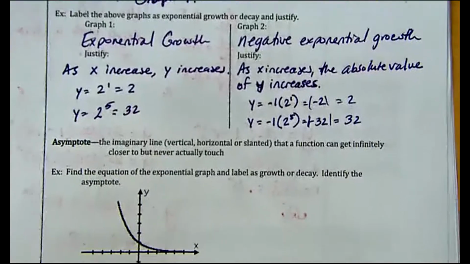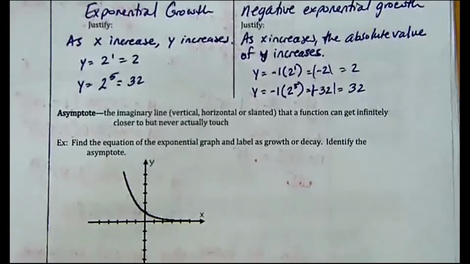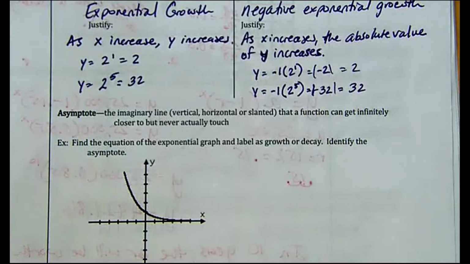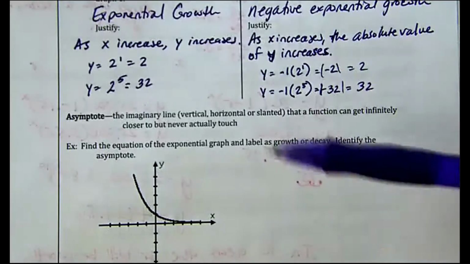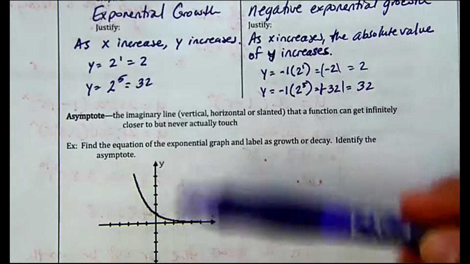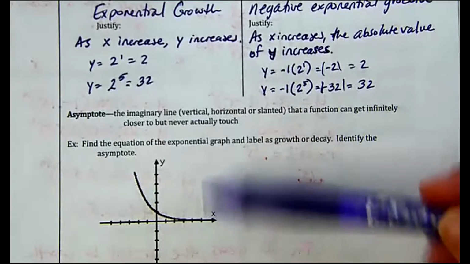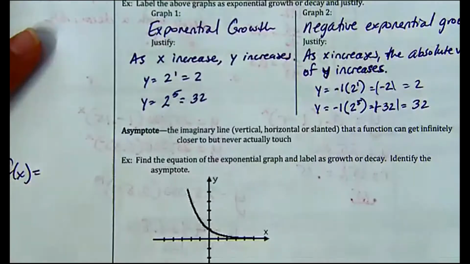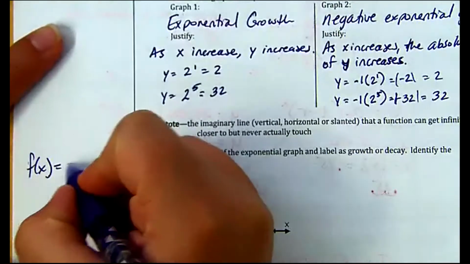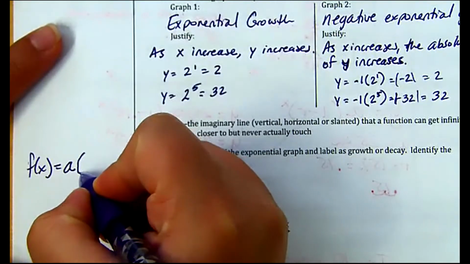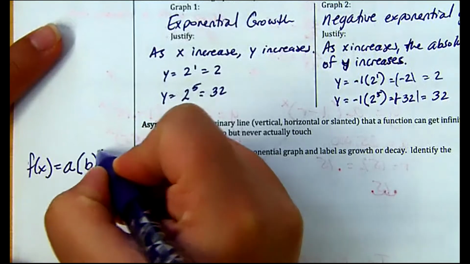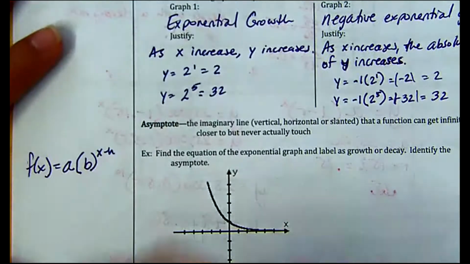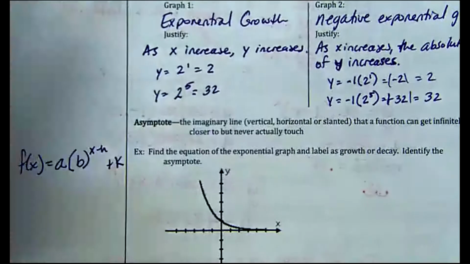So then I can take a look at this guy, okay? So we have our asymptotes. Exponential functions always have asymptotes, unless there is a change in my k, unless there is some sort of transformation in the k. So if you guys remember, we have f of x is equal to our transformation, a times b to the x minus h, plus k.